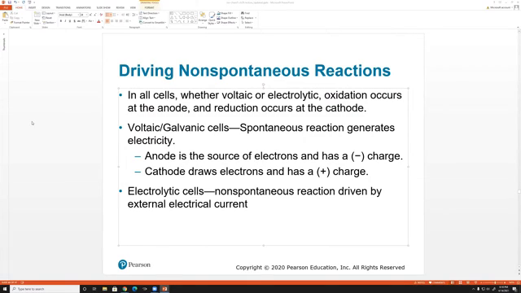The less negative it is, the more reduction potential it has, the more likely it is to be reduced. And that's a spontaneous process.